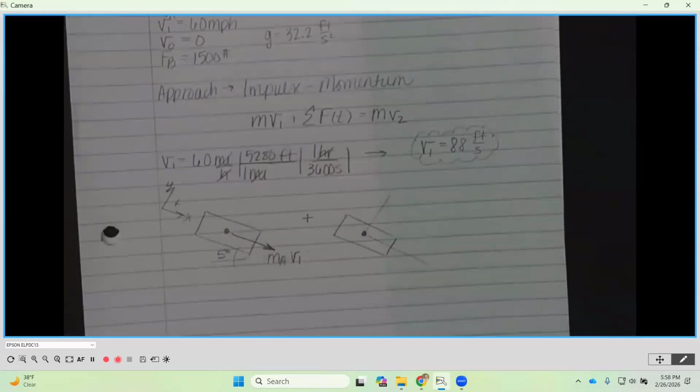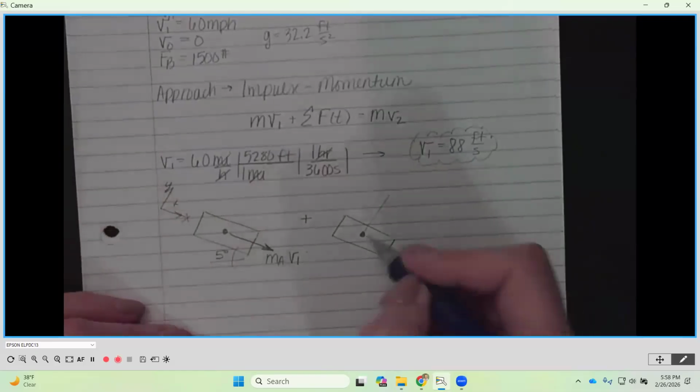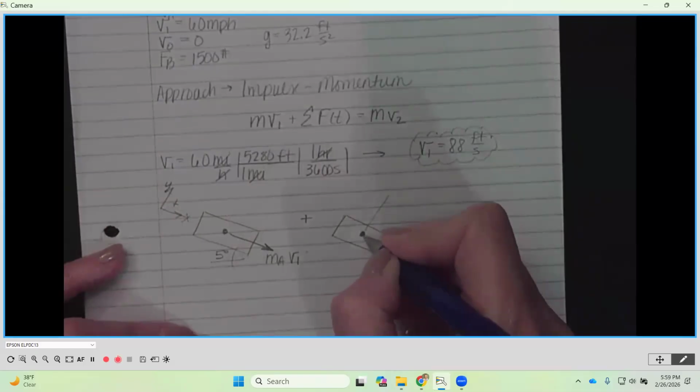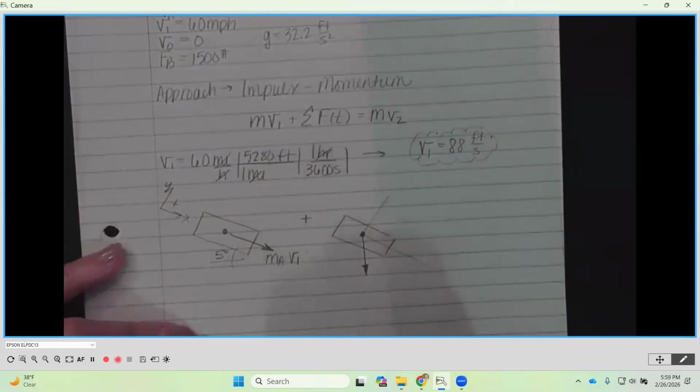Because this is an automobile, and it's 4,000 pounds, the weight does have an impact on the momentum and the impulse. When it's a baseball getting hit with a bat, it's negligible to worry about the weight, but here it is significant. So at the geometric center here, we're going to show the weight of that automobile going down.